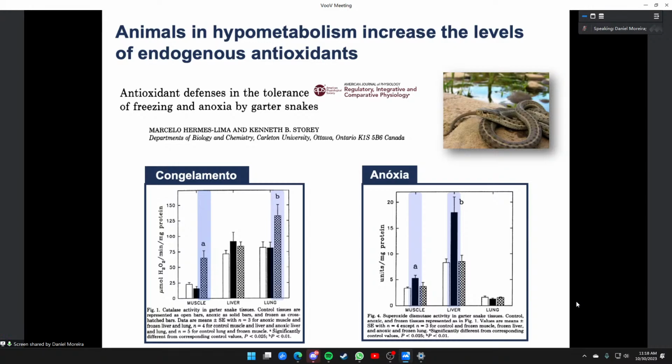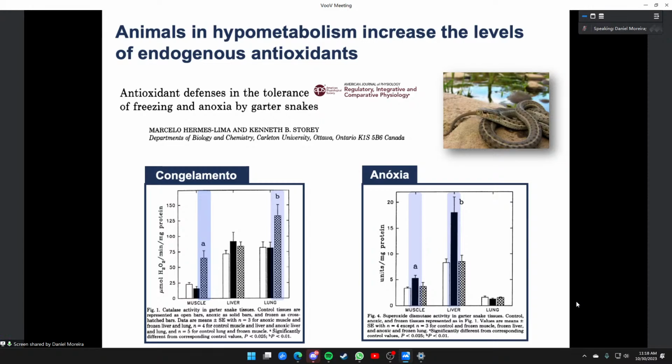So in 93, work with garter snakes. Here, this is in Portuguese, I apologize, but this means freezing, and this means anoxia. This was the first observation of the upregulation of antioxidants during metabolic depression.